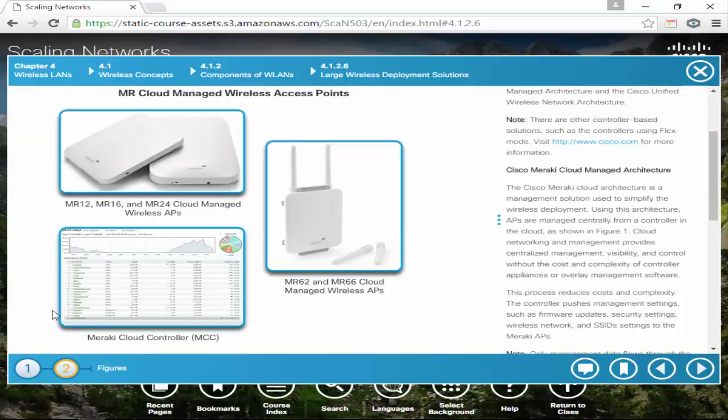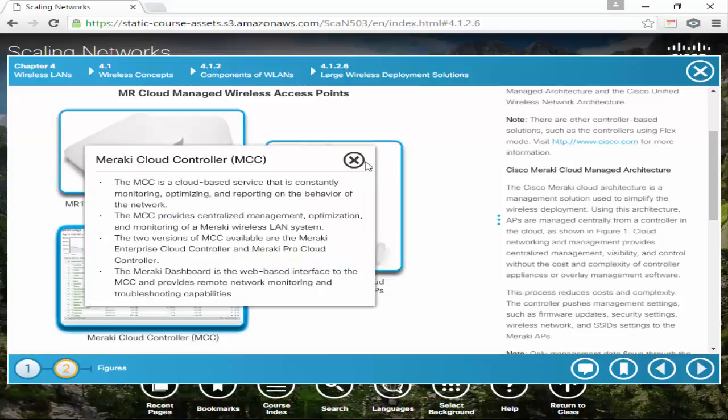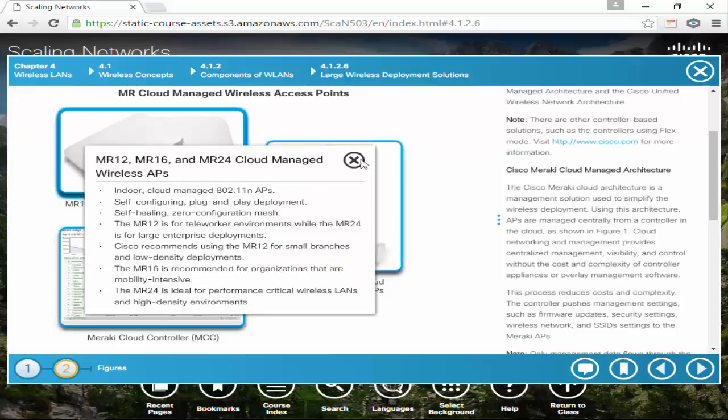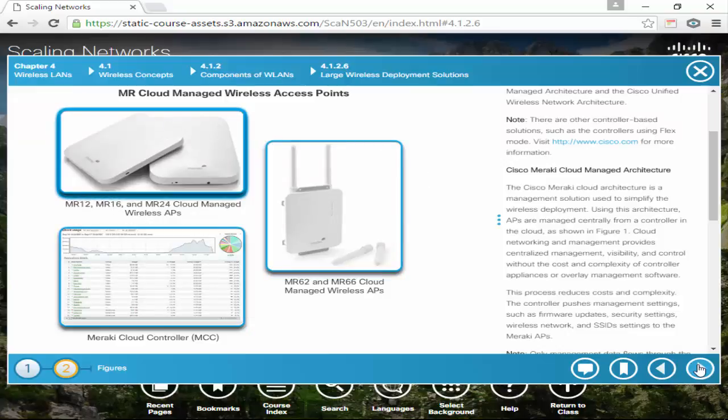So this is what the Meraki controller looks like, and it's unfortunate that you can't see a big picture of it, because this is actually what a Cisco controller looks a lot like as well, except you would be going to a server rather than the cloud. And here are some Meraki access points.